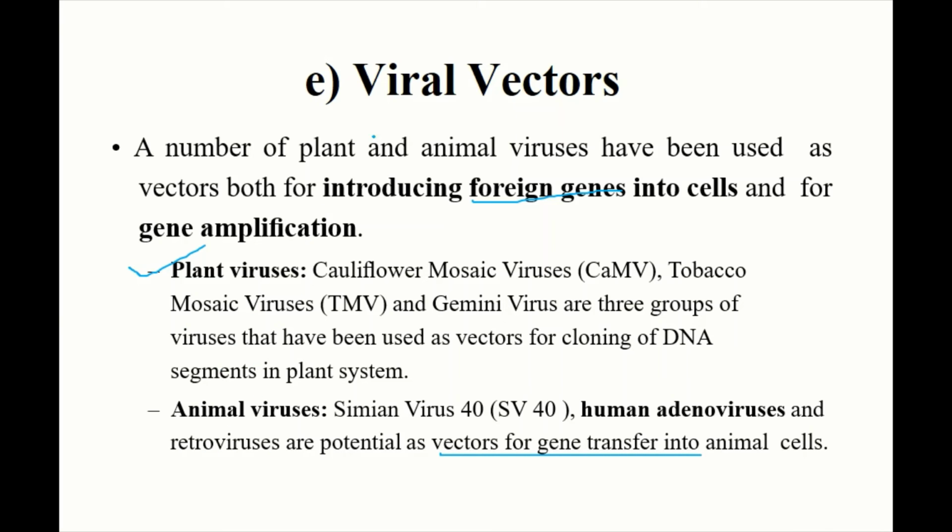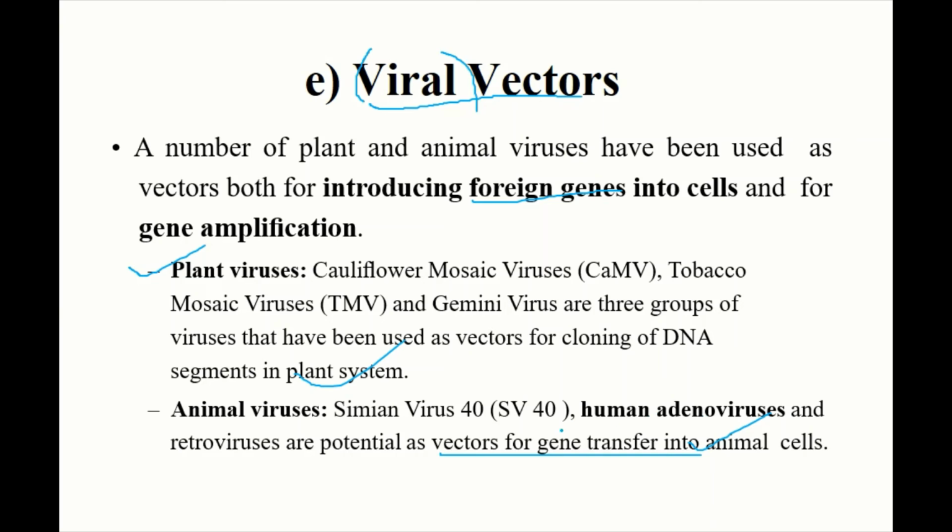So how these ones work is they use viruses that have been weakened but have the capability to infect the host cell. Now in this case it can be a plant or an animal. And once the viruses infect the host, they are able to deliver their DNA into the host.